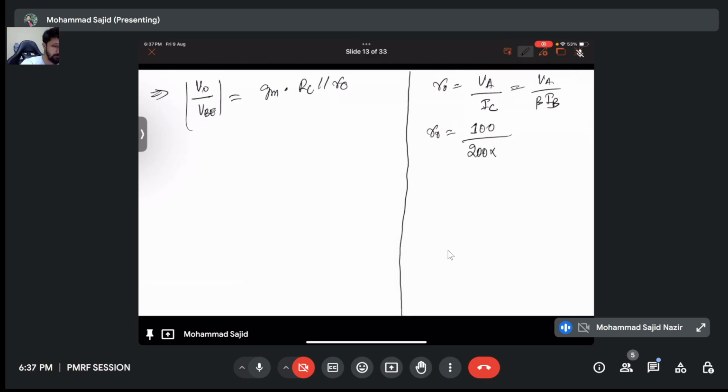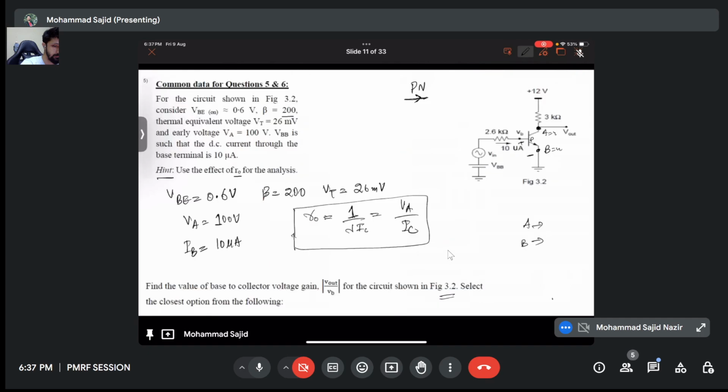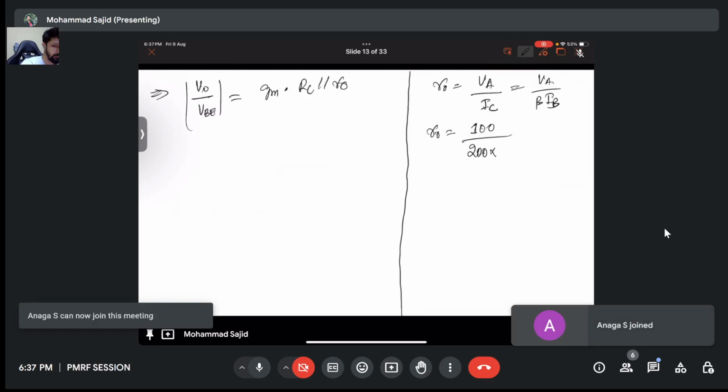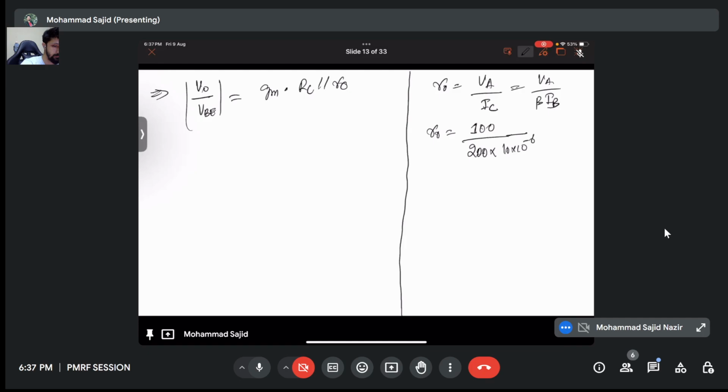And what was IB? IB is 10 microampere. So this will be 100 divided by 2 into 3 zeros, and this will be 10 to the minus 3. So R naught will be 50 kilo ohm. I hope this is clear.